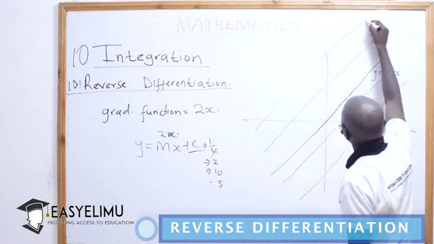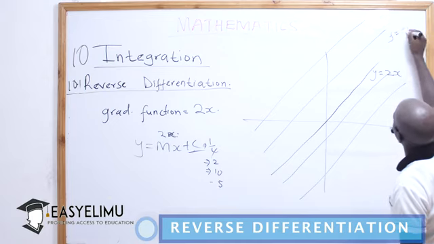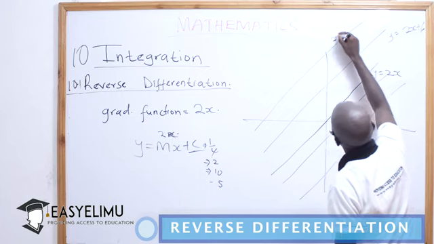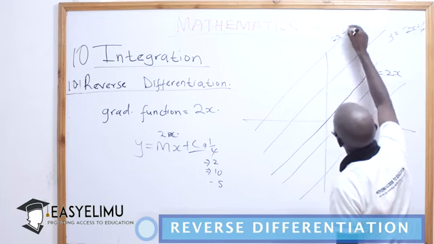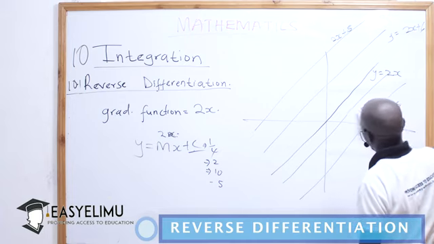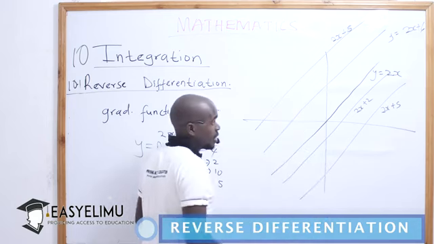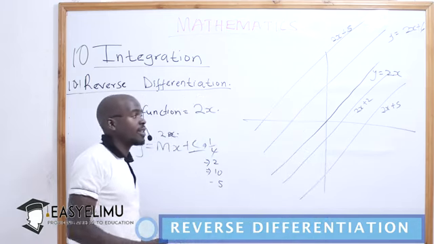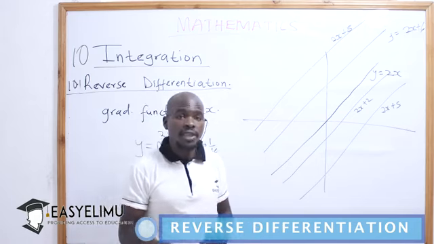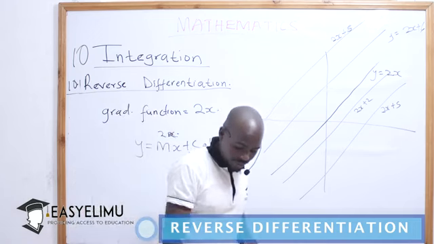So this one can be 2x plus 8, this one 2x plus 5, this is 2x plus 2. What only differentiates them is the c, or the y-intercept. C is just a constant representing the y-intercept.